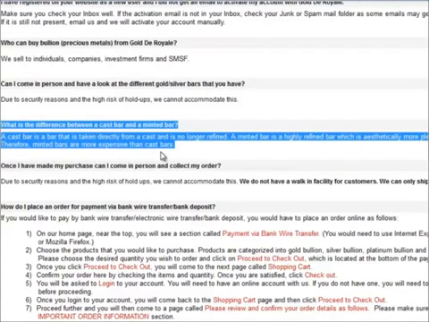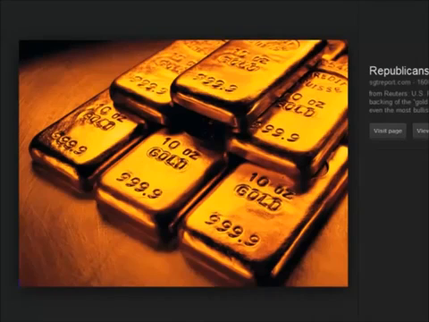An example of this would be coins. If you have a 1 ounce gold coin, obviously it would cost more than just the basic raw ingot. Let me just show you. These are 10 ounce ingots, and you can see how rough they are on the edges. They've just been poured, just been cast and stamped with the 999.9 and the 10 ounce gold.